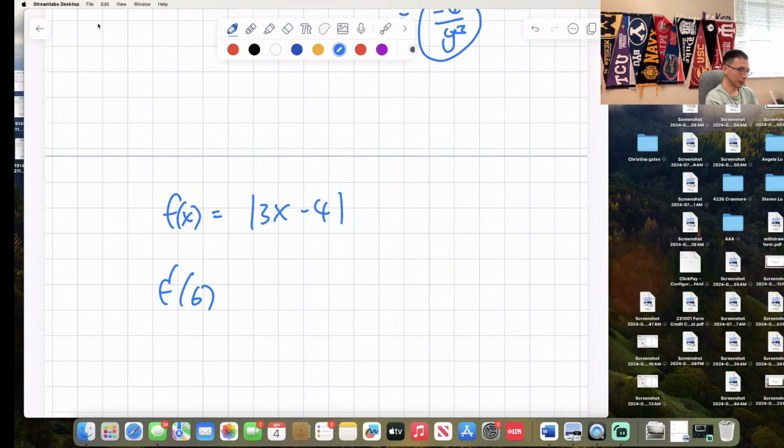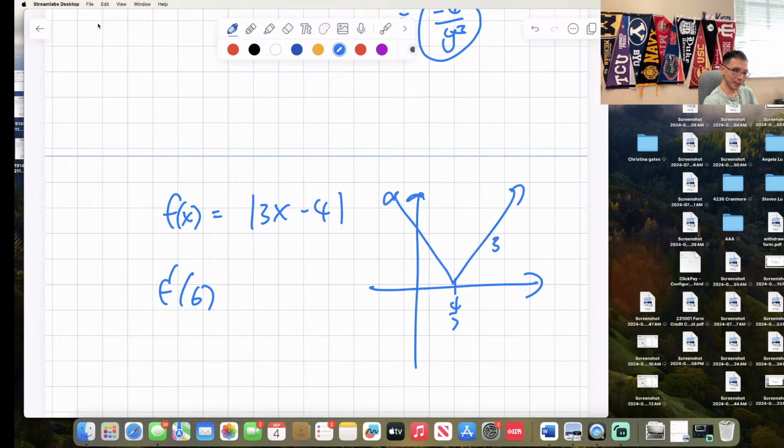It'll be 3. Because technically the graph is going to be like this. It's going to have a corner at 4 over 3, and it has this part and this part. This side is 3x minus 4, and this one is negative 3x minus 4. So if I have 6 right here, that has to be 3.